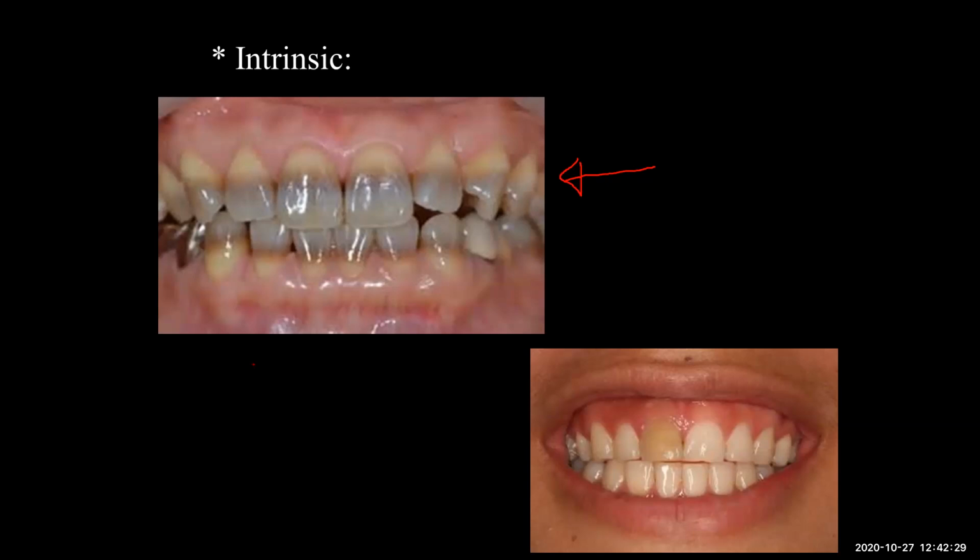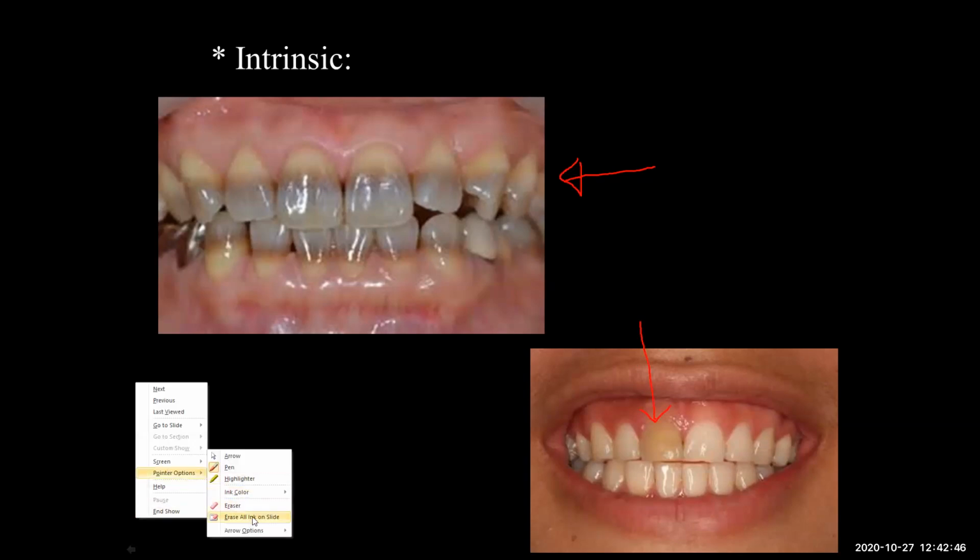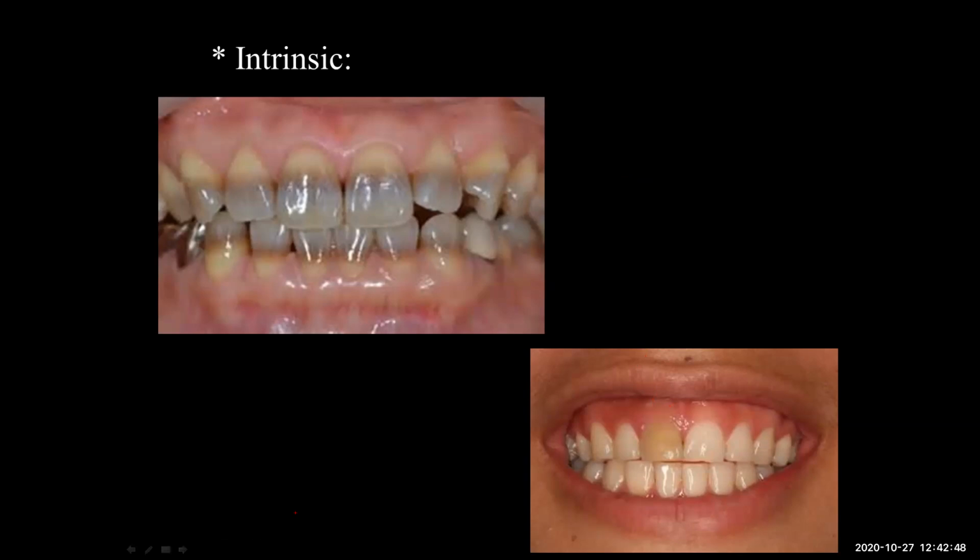So the top is intrinsic staining from tetracycline. This is one tooth that has intrinsic stain, intrinsic from within. Anybody want to venture what's going on there? Is the tooth dead? Like the root of it? Exactly. The tooth could be quote unquote dead.